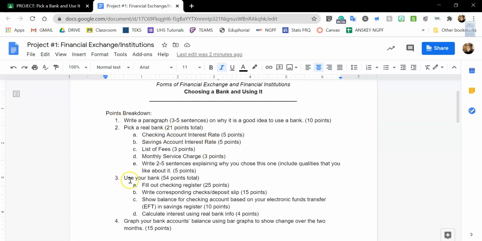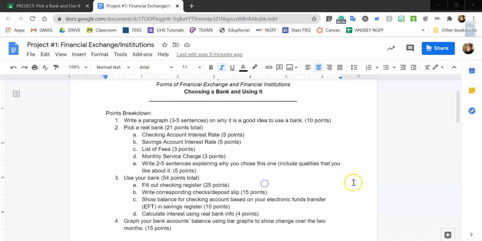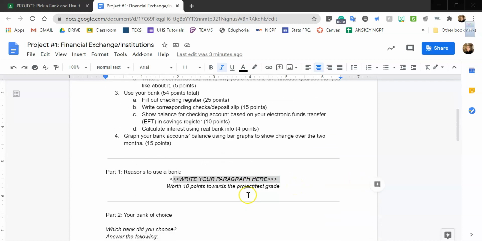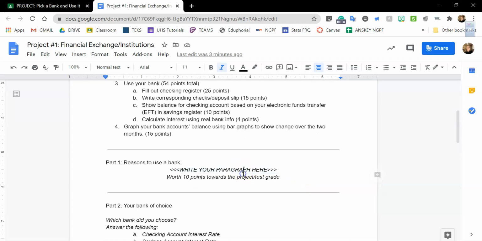On Thursday, you are going to use your bank, and then Friday is where you're going to graph your bank accounts and see how your balance changes over time, and also finish up anything you didn't finish on Wednesday and Thursday. Okay, so you're going to start by writing your paragraph here. This is worth 10 points, so I need it to be in complete sentences and well reasoned.